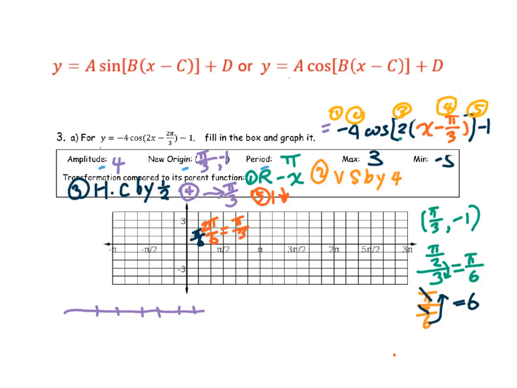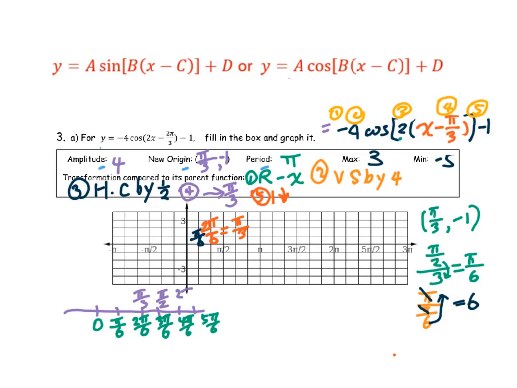So how to count the units? Each unit, suppose this is a pi over 6. You think about 1 pi over 6, 2 pi over 6, 3 pi over 6, 4 pi over 6, then 5 pi over 6. For some, you can reduce them. So you got the pi over 3, pi over 2 here.